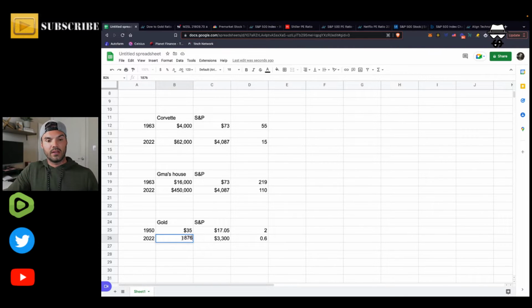So it's either the S&P comes down or gold could go up too. It doesn't really matter because we're looking at a ratio here. So let's say, like Bank of America is talking about, gold heads to 3,000 and we have just a stock market crash. Let's say this goes to 2,900. They're talking about a 5,000 level or whatever, but you can see how this ratio continues to change.